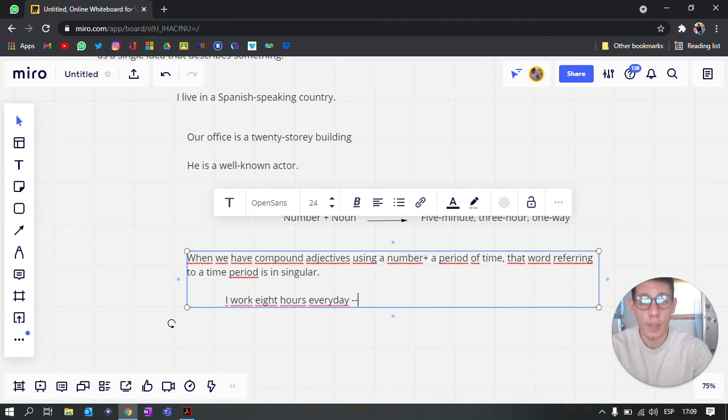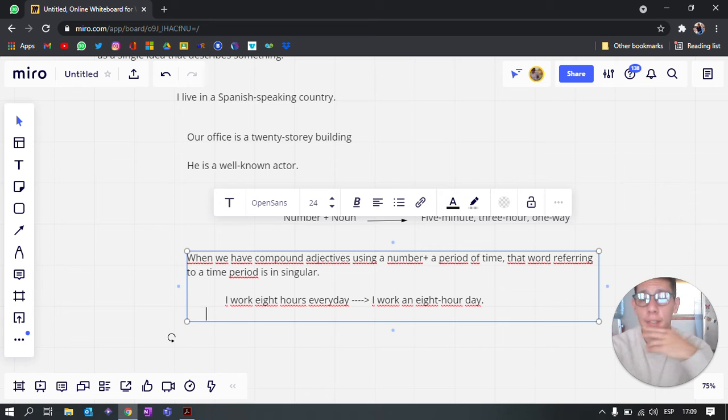Instead of saying this, using a compound adjective with number plus noun, I can say I work an 8-hour day. Then we have other sentences. For example, I'm going on vacation for 3 weeks.